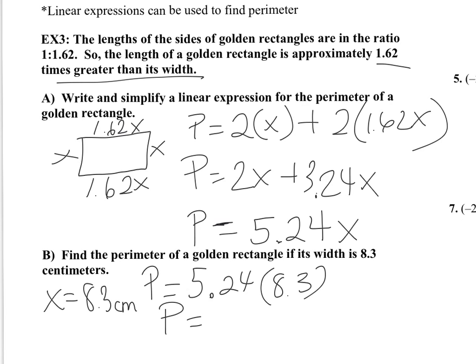So now once I do that, all I have to do is multiply 5.24 times 8.3, and I end up with 43.492 centimeters for the perimeter. And of course, you can always round it to about 43.5, or you can just round it to 43 centimeters.